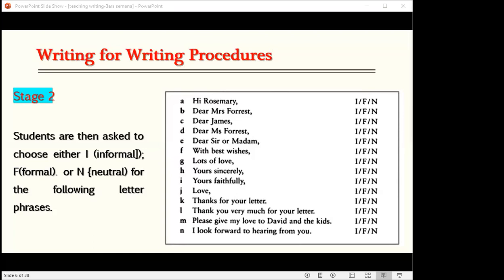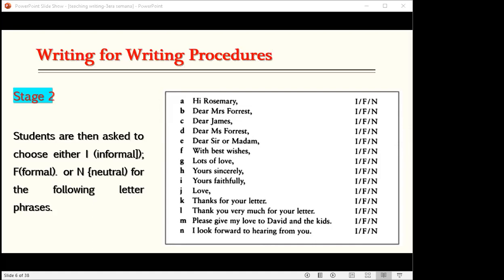So my question is, what is the purpose of the activity? It can be that the student should recognize which phrases are formal and which phrases are informal, or neutral. A formal letter, yeah.